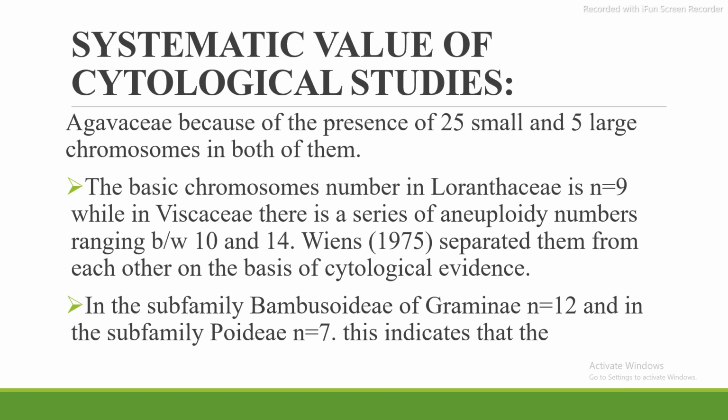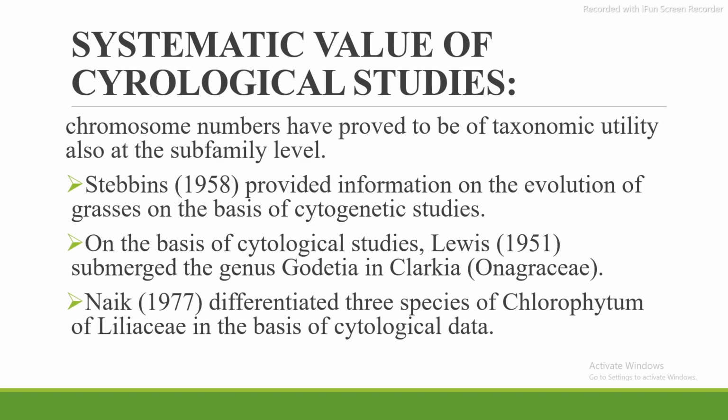This indicates that chromosome number has proved to be of taxonomic utility also at the subfamily level. Stebbins, 1958, provided information on the evolution of grasses on the basis of cytogenetic studies. On the basis of cytological studies, Lewis, 1951, submerged the genus Godetia in Clarkia.